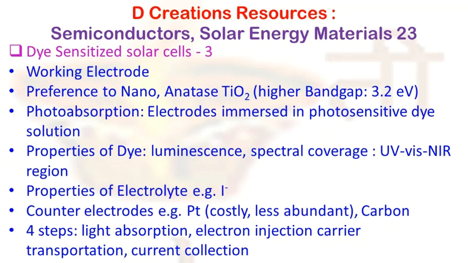To describe it, first the incident light or photon is absorbed by the photosensitizer, and thus due to photon absorption, electrons get promoted from the ground state to the excited state of the dye, where the absorption for most of the dye is in the range of 700 nanometer, which corresponds to a photon energy of around 1.72 electron volt.